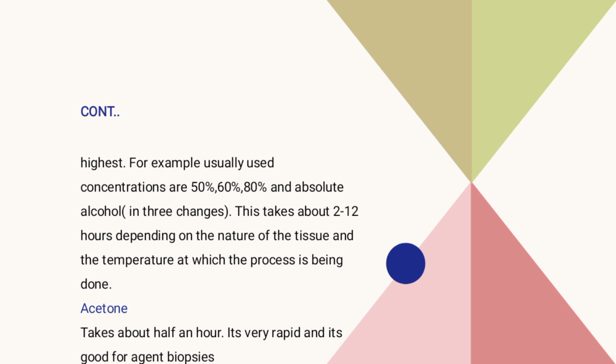Three changes means the first container having 100% alcohol, the second container also having 100% alcohol, and the third container also having 100% alcohol. This takes about 2 to 12 hours depending on the nature of the tissue and the temperature at which the process is being done.